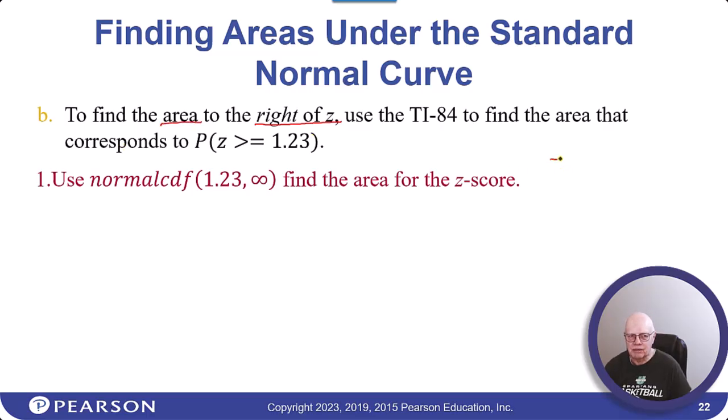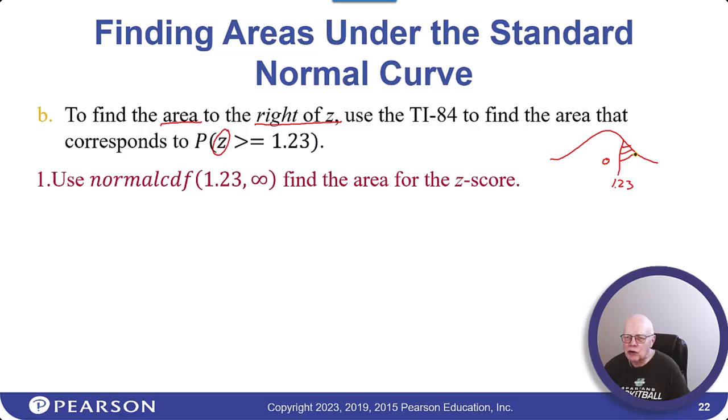So, grab our picture. Remember, 0 is in the middle. Why? Because we're talking about z-scores. So 0 is in the middle. Where is 1.23? 1.23 will be somewhere out here. However, remember what we're trying to find. We're trying to find the area to the right. So shade this in.